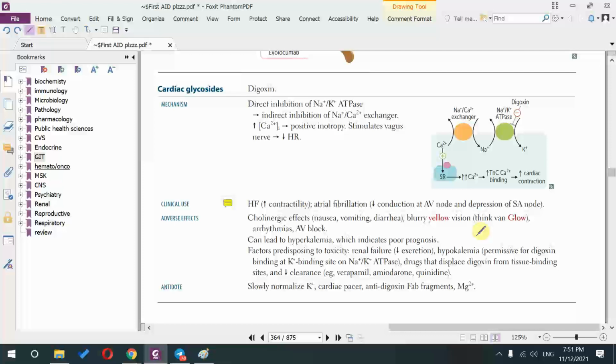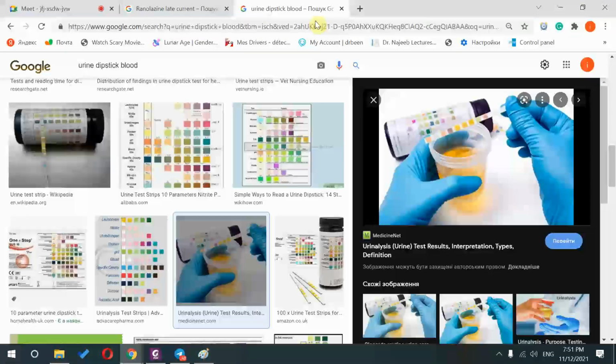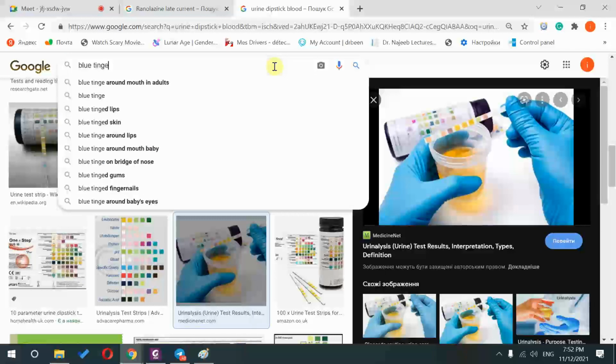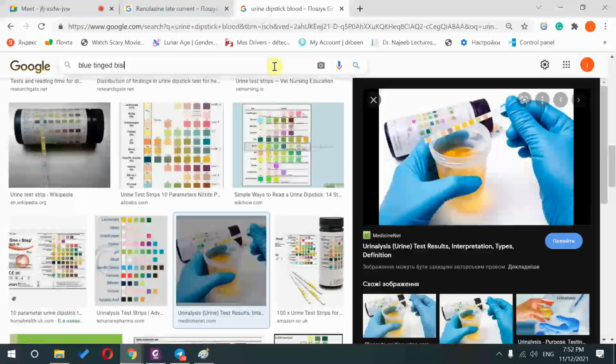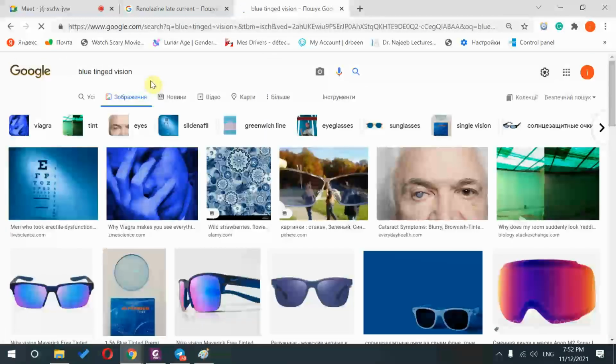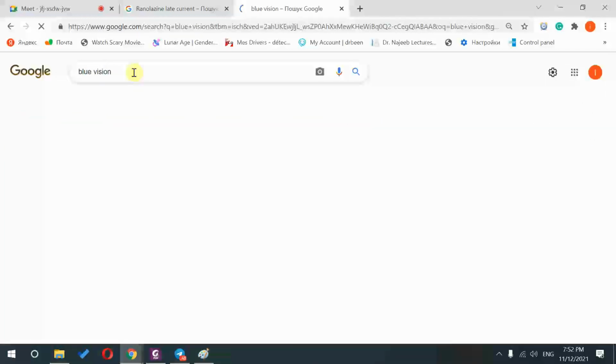Blue vision. It's from a drug we spoke about today.